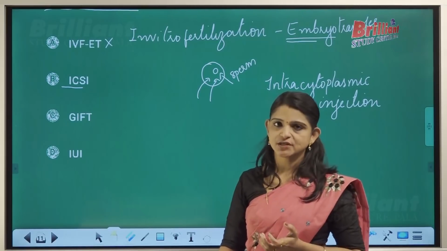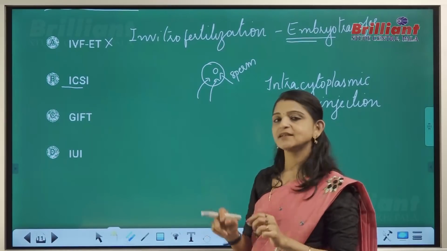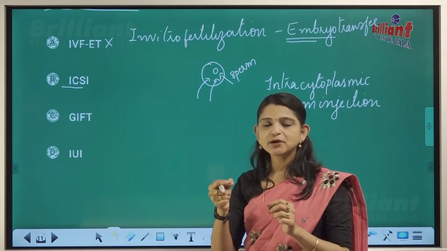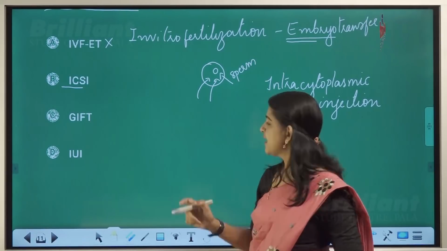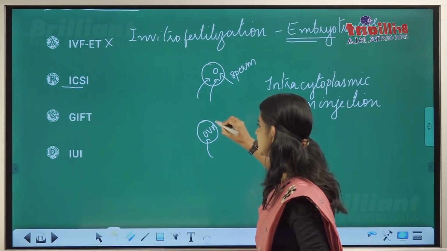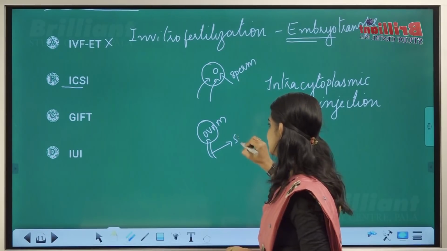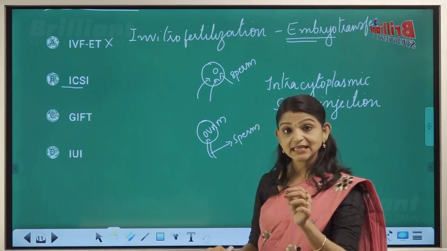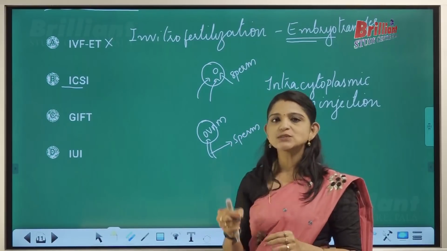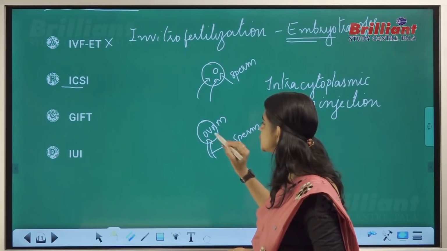In that condition, what we will do is take a single sperm, cut the head part of the sperm, and take it in a particular microscopically assisted needle, and this needle we will enter into the ovum. So this is actually a needle which contains a sperm. We use a microscopic needle for introducing the sperm into the ova.